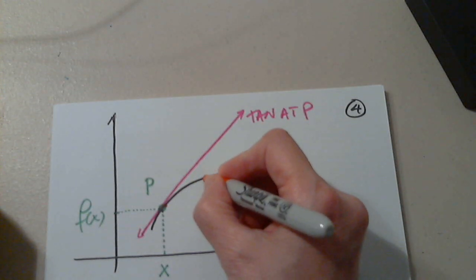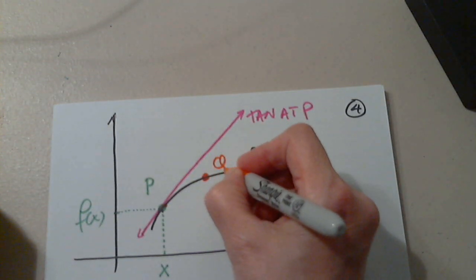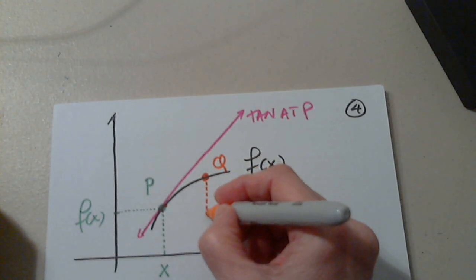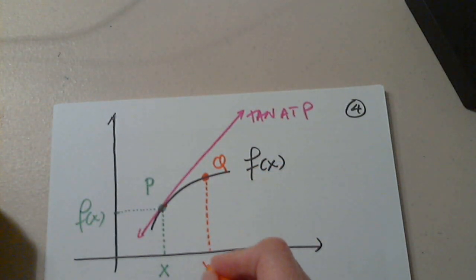So I'm going to put Q here. This is our Q. And Q has x plus dx. What is dx?